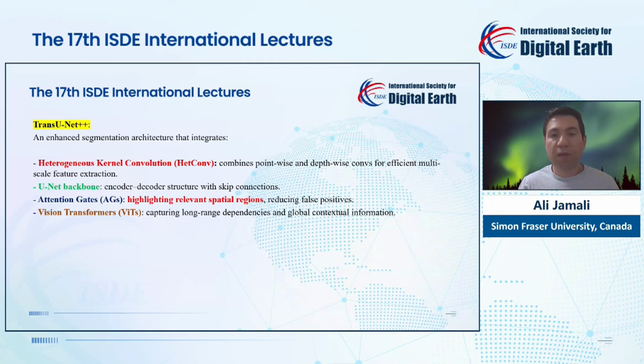In the HeadCons, we have point-wise and depth-wise convolutions. As mentioned, they are for multi-scale feature extraction at the local level. And then U-Net is an encoder-decoder structure with skip connections. We have the attention gates, which highlight the relevant spatial regions. It reduces false positives. And ViTs are excellent at capturing long-range dependencies.